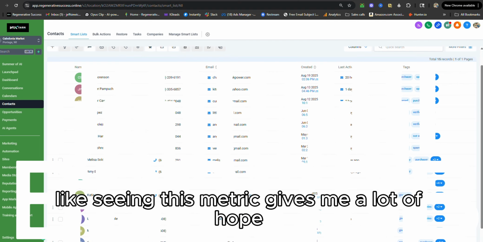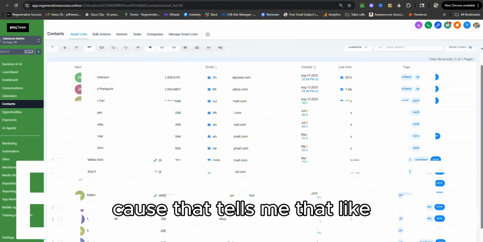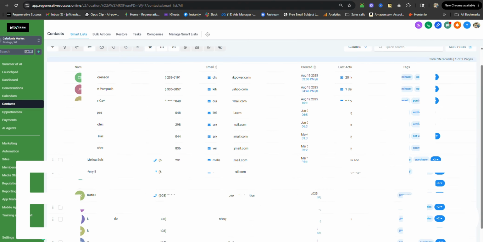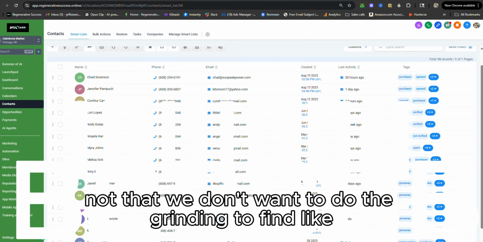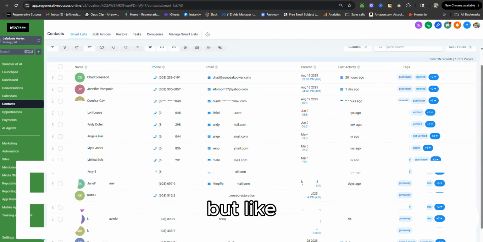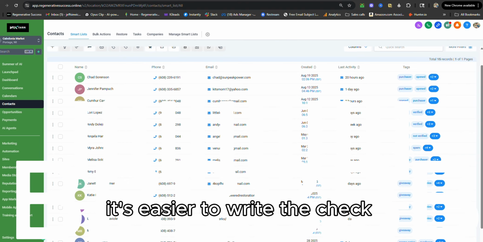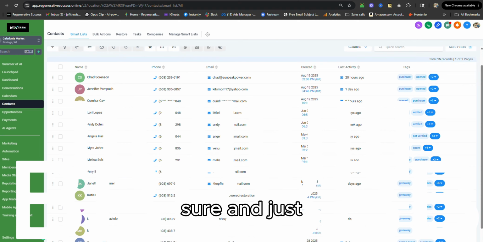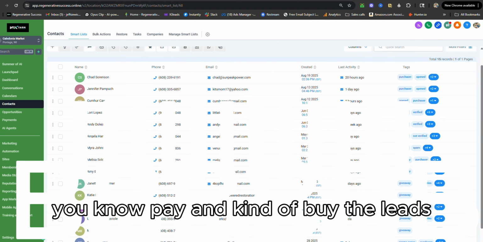Seeing this metric gives me a lot of hope. Not that we don't want to do the grinding to find other business partners to cross promote with, but it's easier to write the check and just pay and kind of buy the leads.